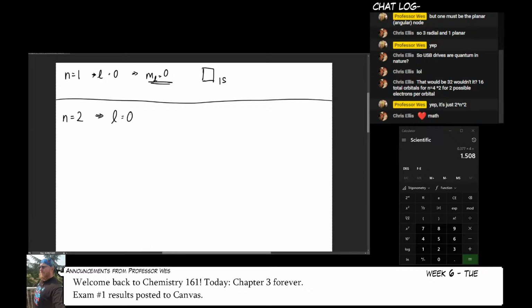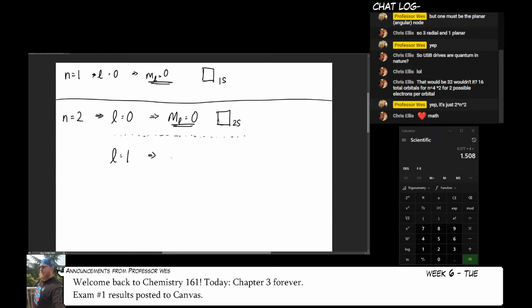So if N equals 2, L could be 0. And if L is 0, M sub L could be 0. And that's an orbital. We'll call it 2s. But L could also be 1.